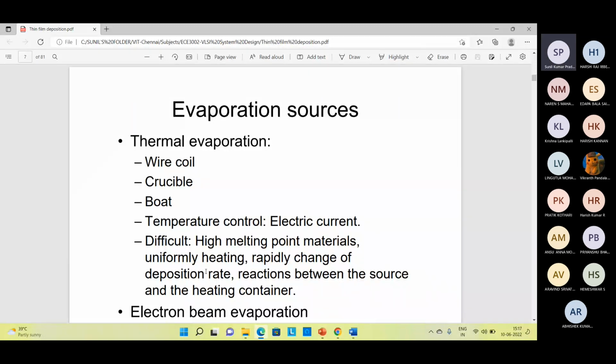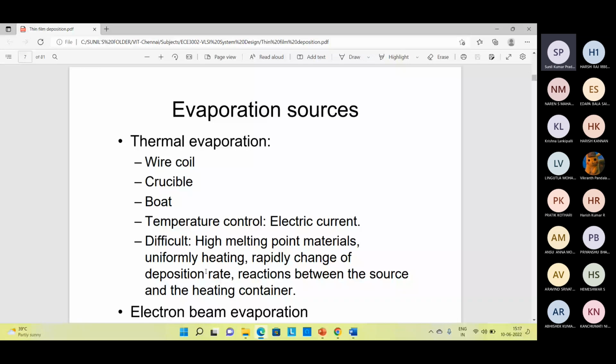Another is the difficulty: high melting point materials, uniform heating, repeat changes of deposition rate, and reaction between the source and heating container. These are some points we need to take into consideration as far as thermal evaporation is concerned.